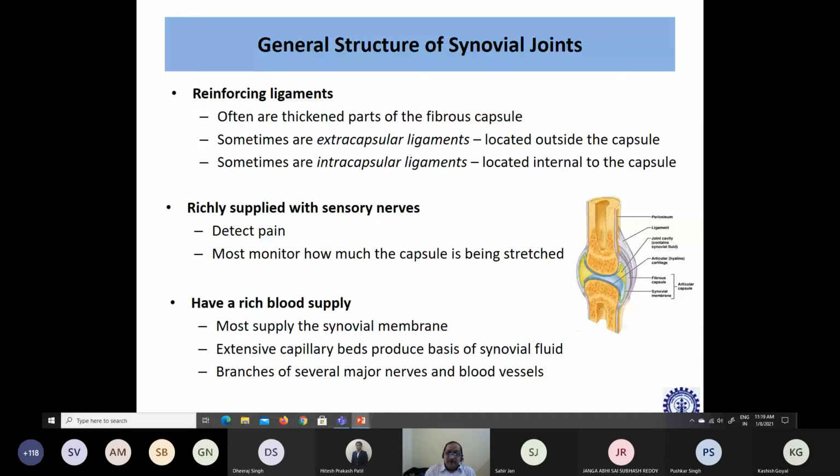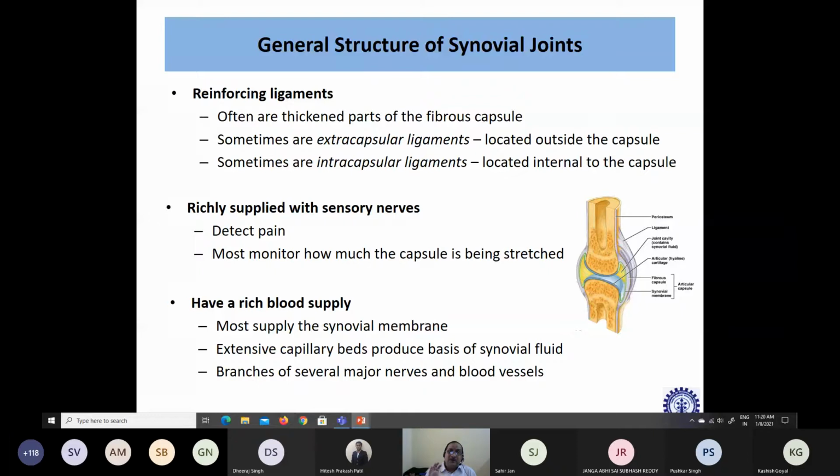Extensive capillary beds produce a lot of synovial fluid, keep on generating synovial fluid and lubricate the joint. And they are branches of several major nerves and blood vessels.